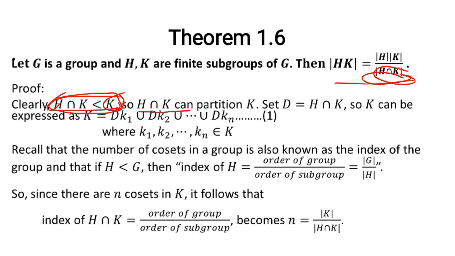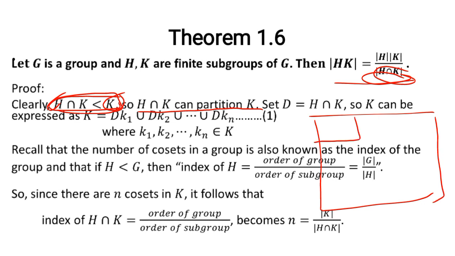So this intersection will partition K. What do we mean? It's like saying you have a big box, and the intersection is just taking one small part. It will be relating all the elements in K. So this is all of K, and we're playing with it and breaking it into small bits. You can partition it and break it into small sections.